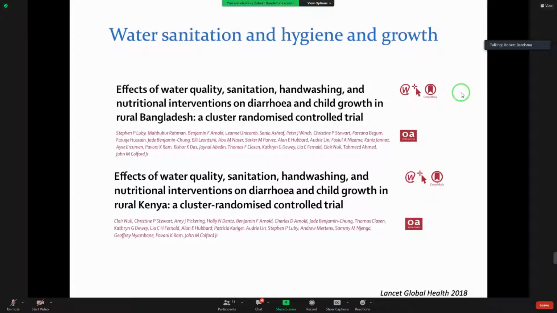In these two large studies on child growth, what if you instill proper hand washing, improve the water quality, improve sanitation by installing toilets and proper sewage systems? Can you thereby improve growth? That was thought to work by reducing the intestinal infectious burden and affecting the microbiome.